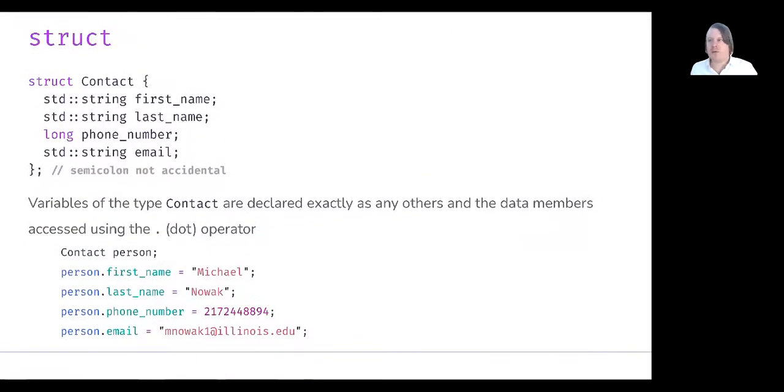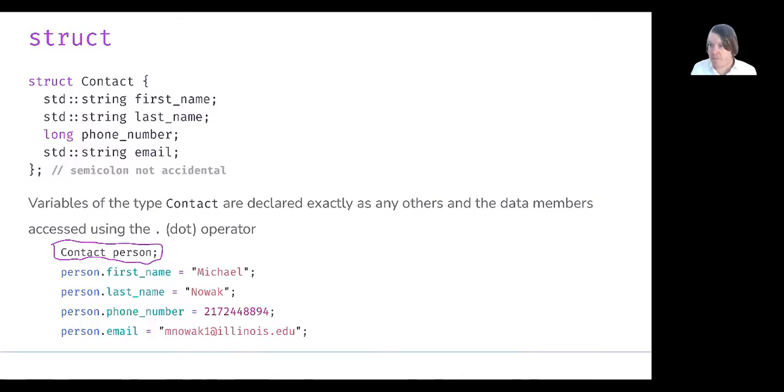So using that same type definition here, that struct contact, how do we access the individual fields? Well, the first thing that we're going to want to do is simply declare a new contact. I'm going to give it the name person here. Notice that this declaration looks no different than any of the other declarations you've encountered to this point.